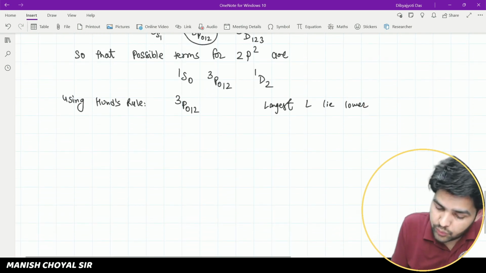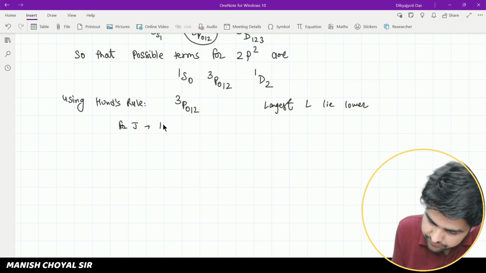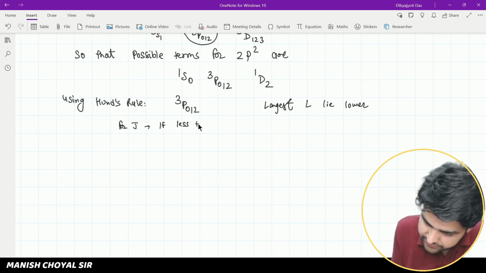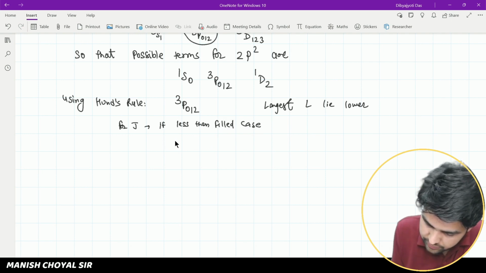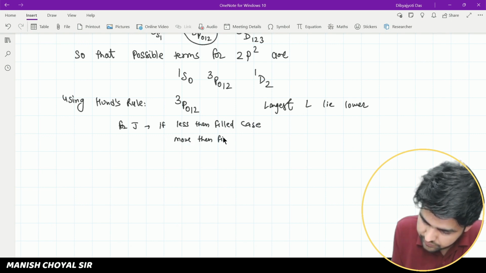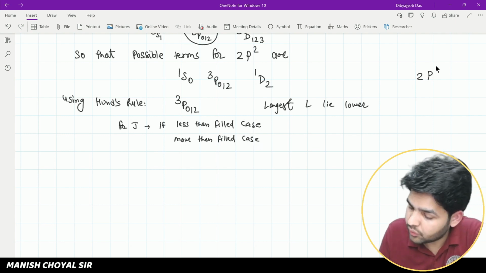So now we have two cases for J: less than half filled case and more than half filled case.